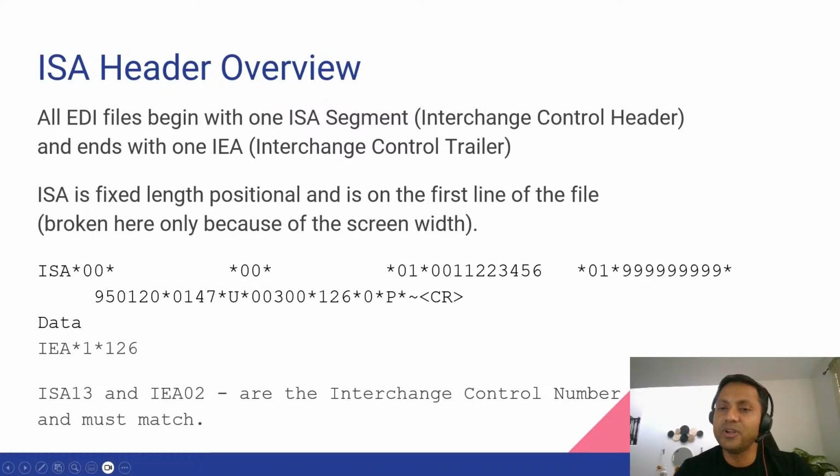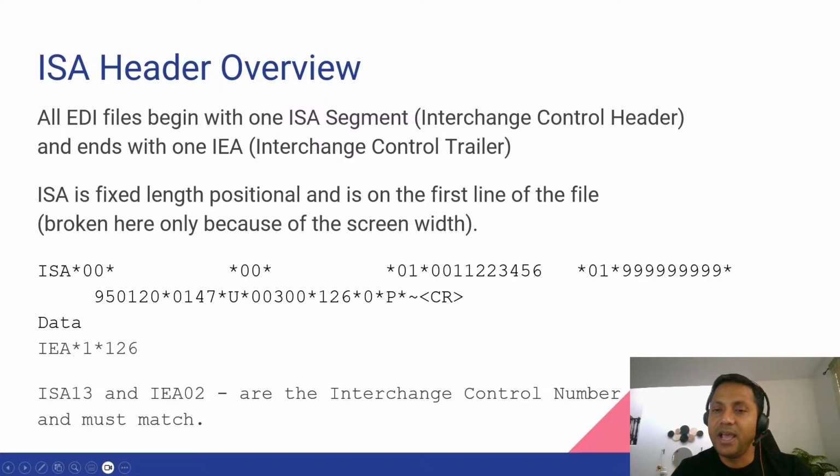Now, what is the matching control number? Within the ISA segment, there is a control number in ISA13, which is called the interchange control number. If you count 1, 2, 3, 4, 5, 6, 7, 8, 9, 10, 11, 12, 13, 126 is the control number for this transaction.